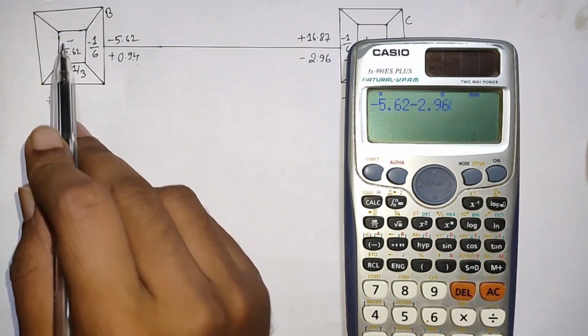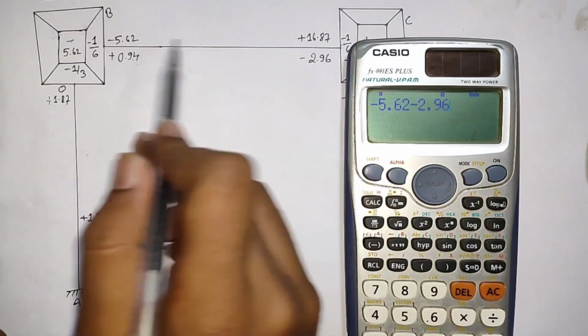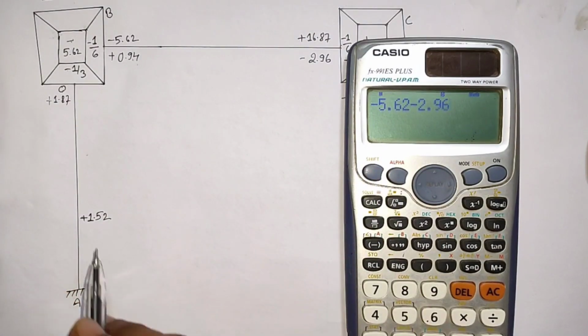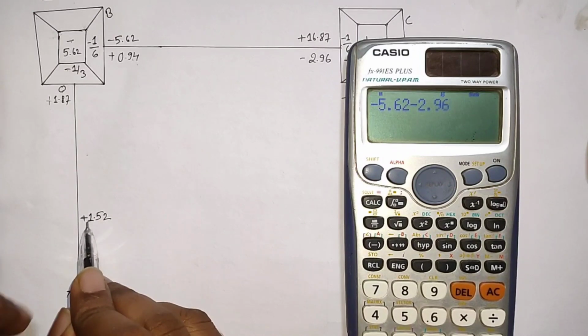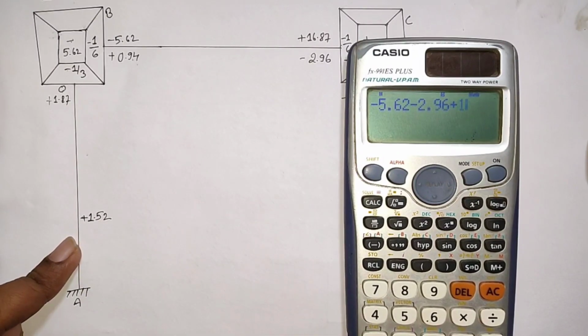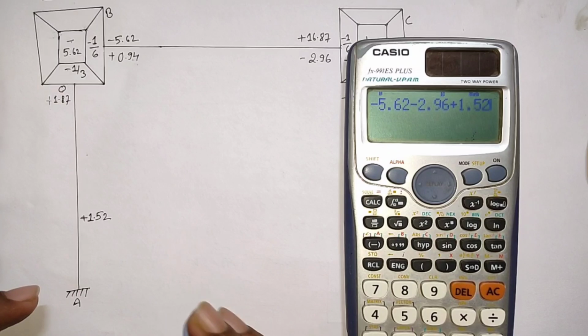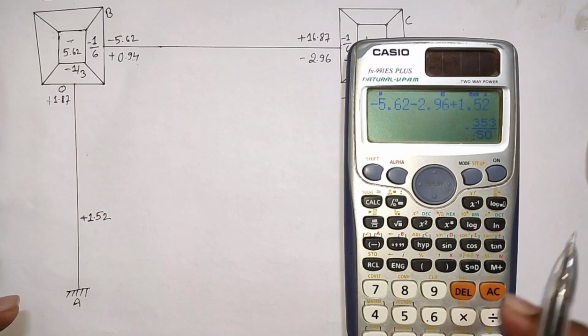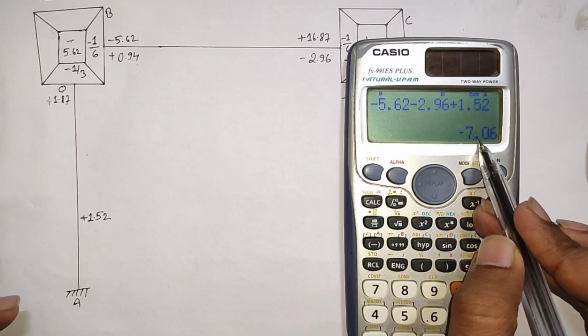Now guys, if it were a beam, then we would need to add only these two values, but it is a sway portal frame, so we need to take this displacement factor also, and this is positive, so plus 1.52. This is a difference about which I was discussing from the beginning of this video. Now adding this, we get the value minus 7.06.